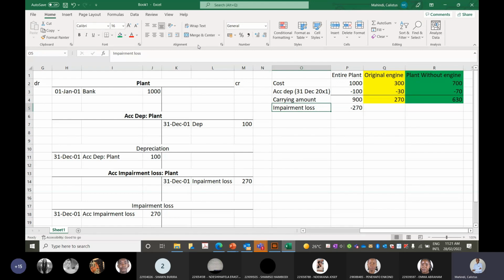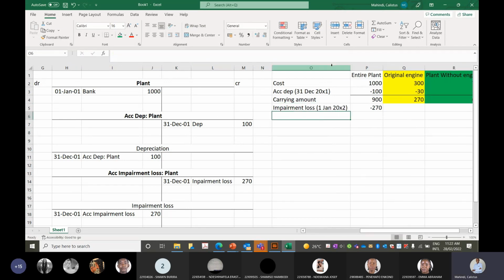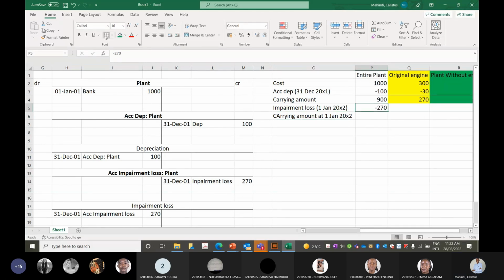This impairment loss was on 1st January 20X2. So the carrying amount of the entire plant at 1 January 20X2 would be 900 minus 270, which is 630.